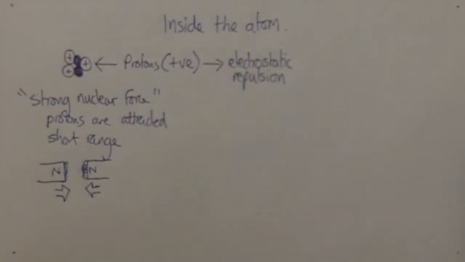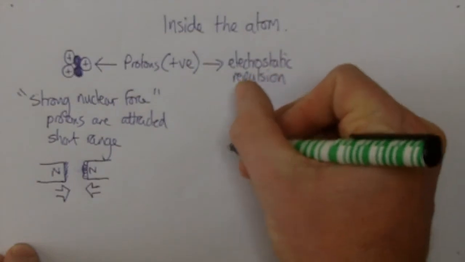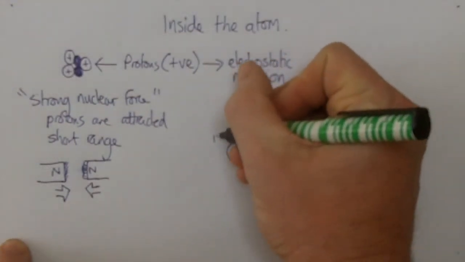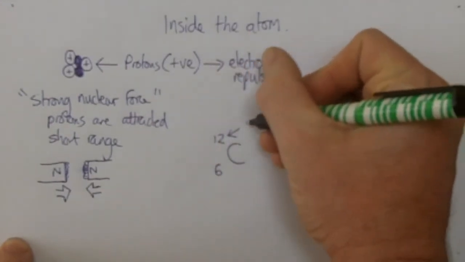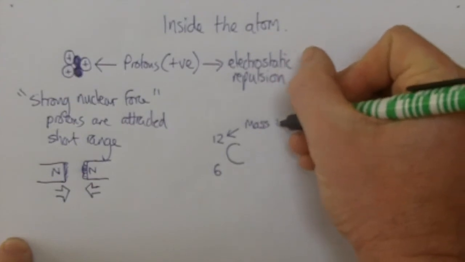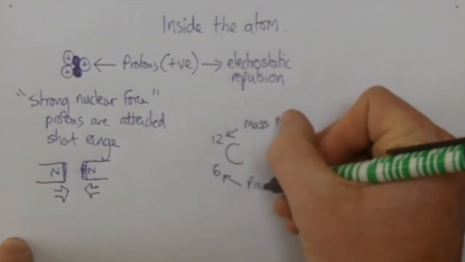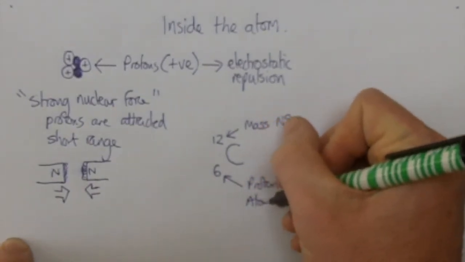Now, we're going to look at some chemistry here. So hopefully you'll remember that every atom has got 2 descriptive numbers: a mass number and a proton number, also known as an atomic number.